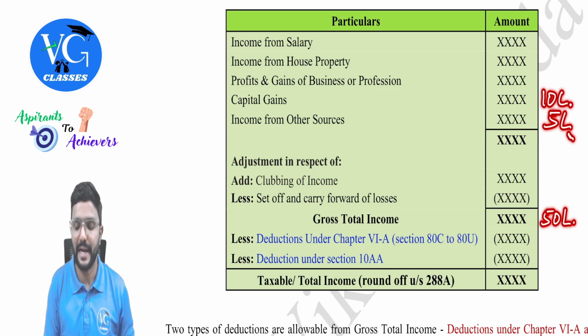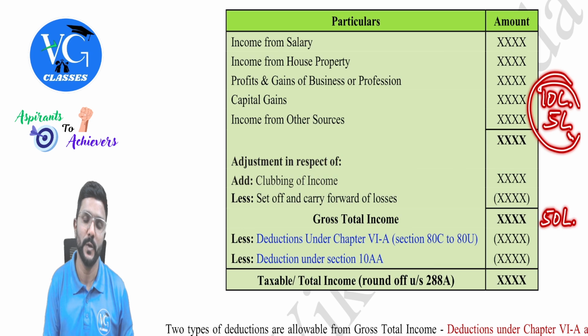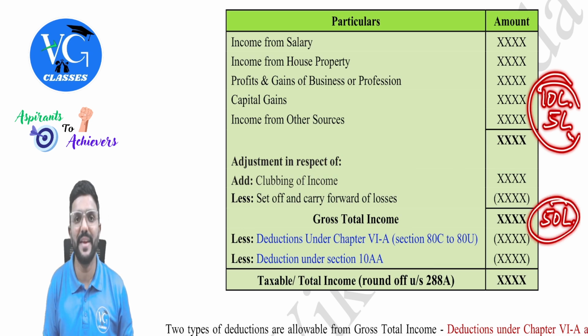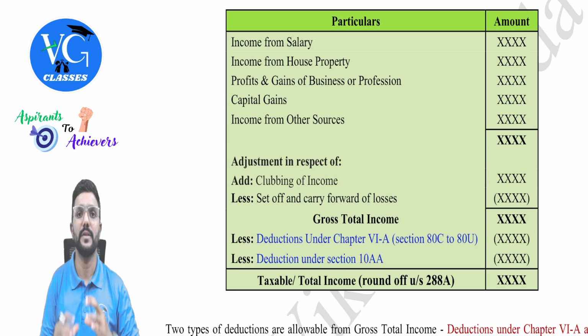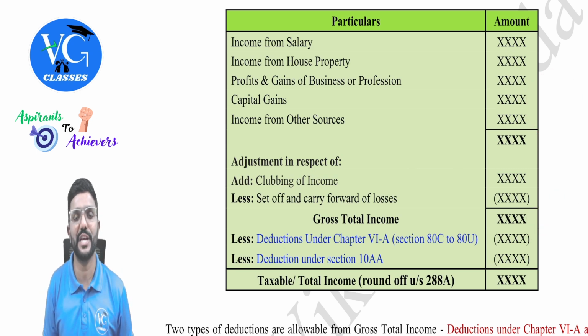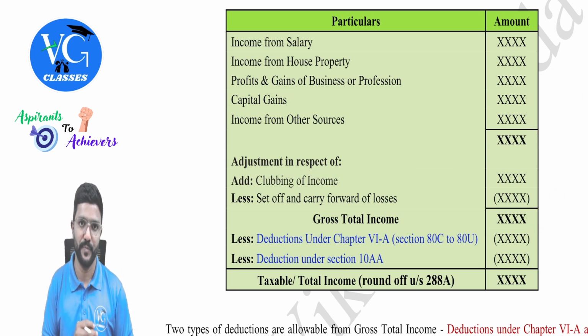It is 35 lakh, guys. Means against this 15 lakh, he cannot claim deductions. So whenever gross total income includes any capital gain special income or casual income, please reduce it. Only the remaining amount is the maximum amount of deduction which can be claimed by the assessee.